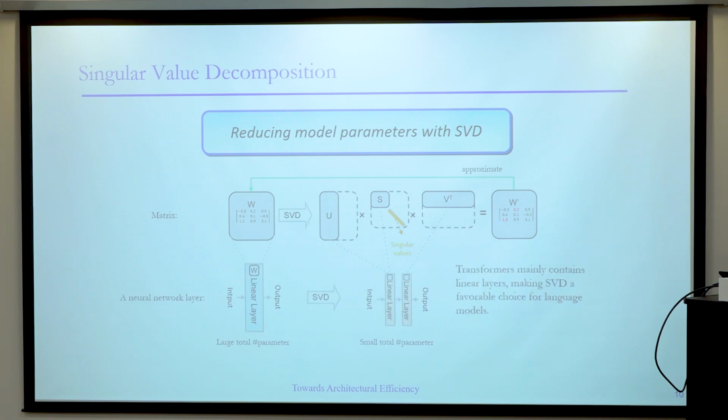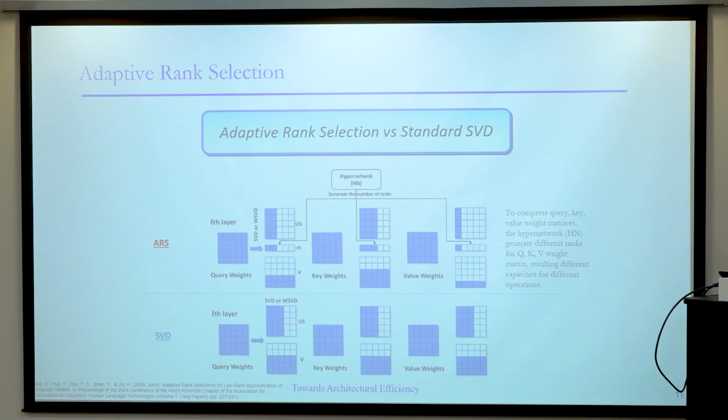Then by removing smaller singular values from the result of SVD, we can convert large linear layers into two smaller linear layers. Ideally, we want these two small linear layers to have a smaller total number of parameters than the original linear layer.